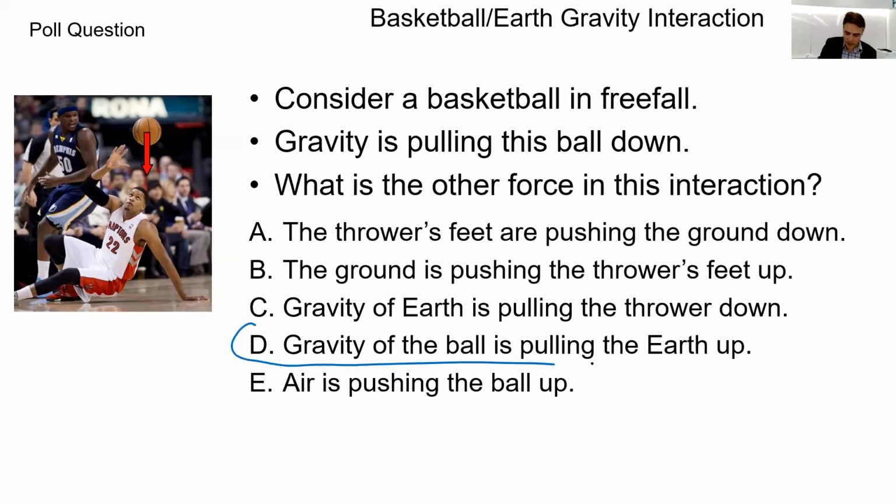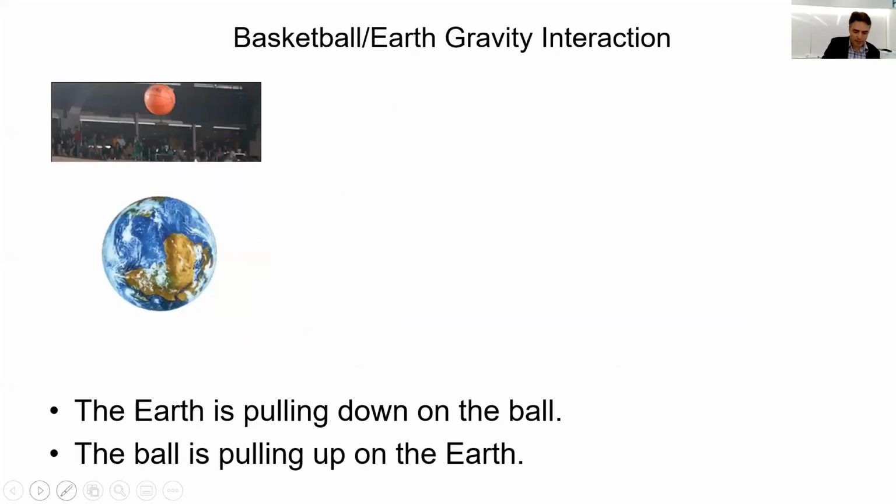And the answer is that the gravity of the ball is pulling the Earth up. Now that may not make a lot of sense to you, but this idea is that this downward force is F of Earth on the ball. It's kind of silly, but the Earth is pulling down on the ball and the ball is pulling up on the Earth. Well, the acceleration of the ball is this force divided by the mass of the ball.